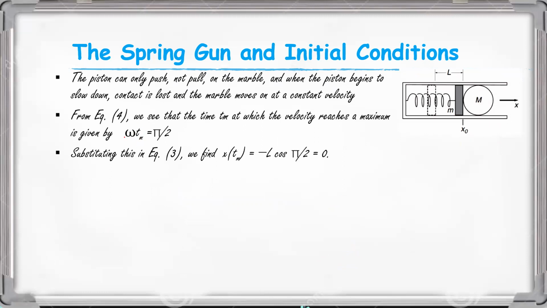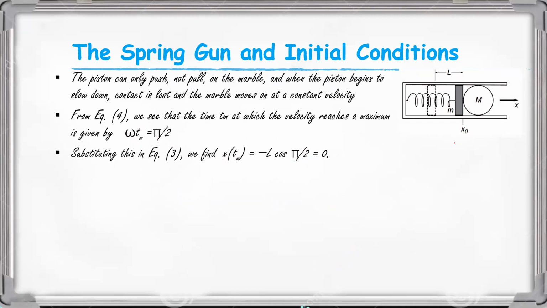So at the maximum, omega t is equal to pi by 2. Substituting that quantity in equation 3, it is minus L cos of omega Tm, with omega Tm equal to pi by 2. Then it is equal to 0. Then the velocity will be maximum at the equilibrium position.